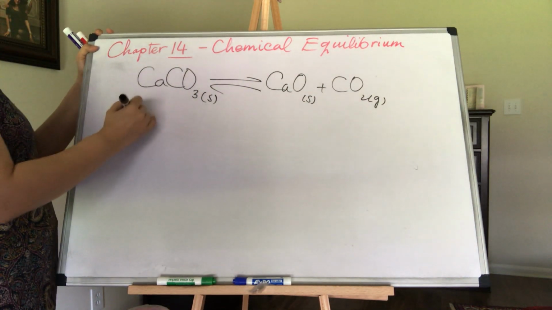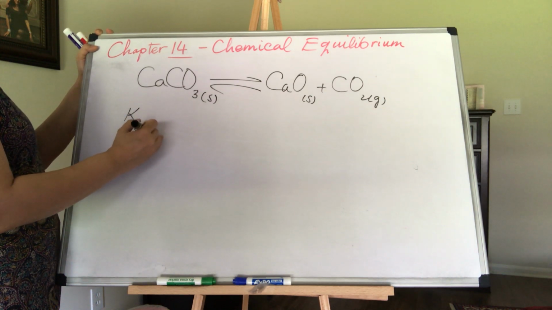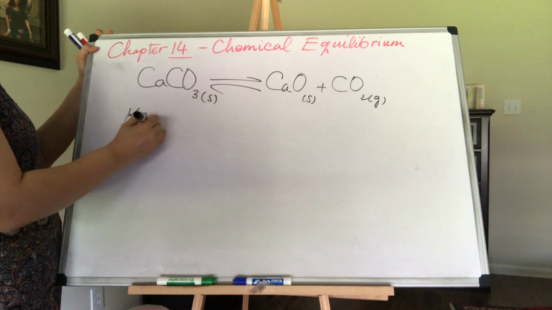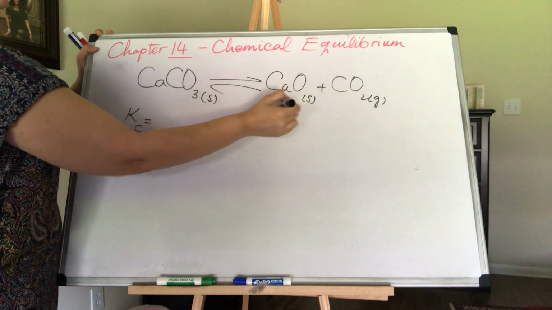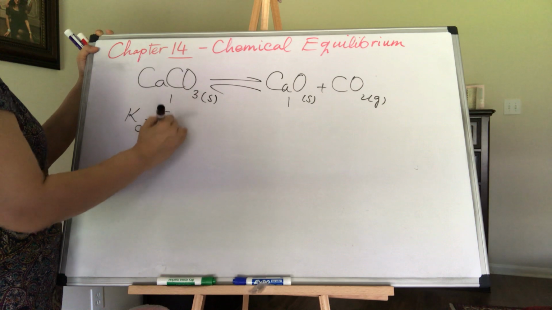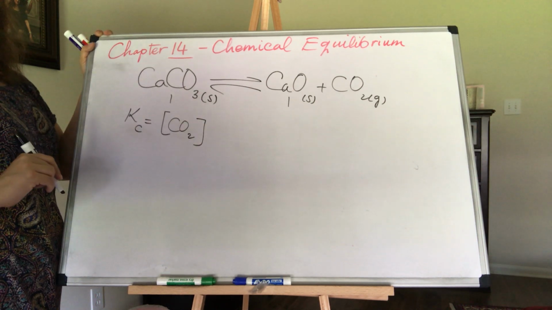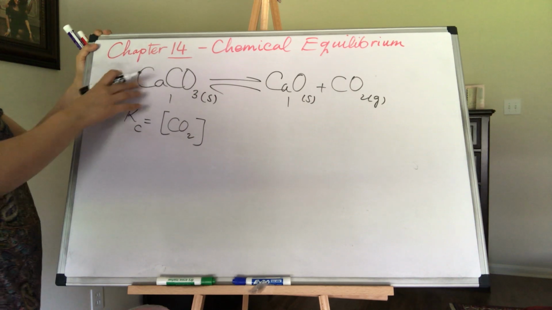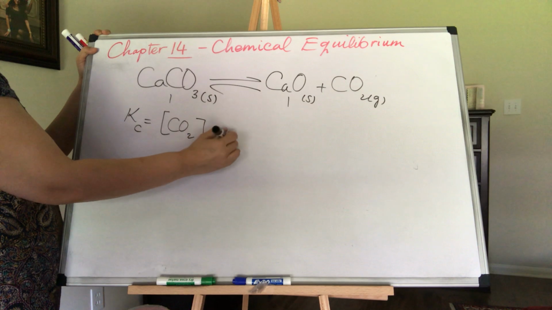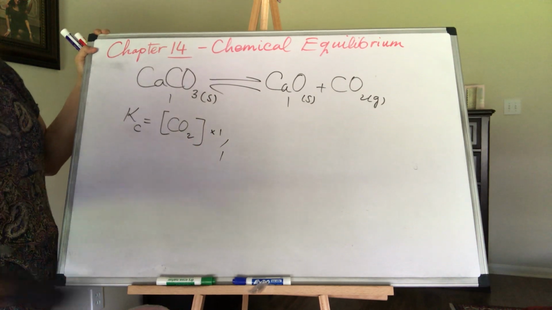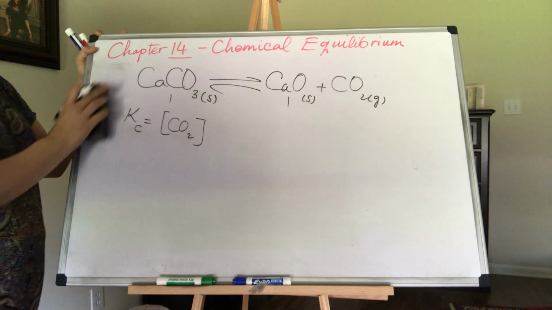So how do you write Kc for this equation? These two are considered to be 1, right? So Kc is just CO2, right? It's different, although you have 3 components, but 2 of them are solids, so they're just 1 and 1. So you just end up having the molar concentration of CO2.